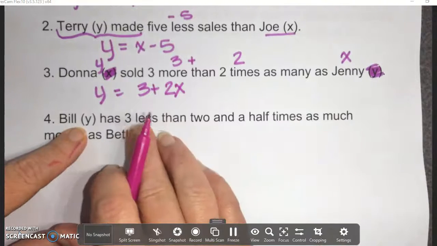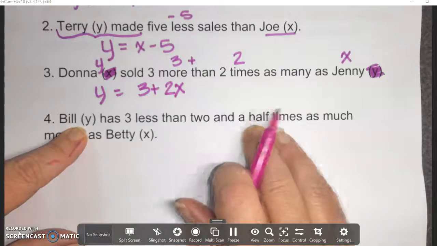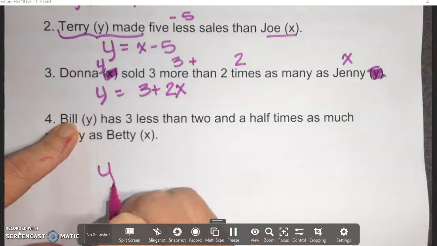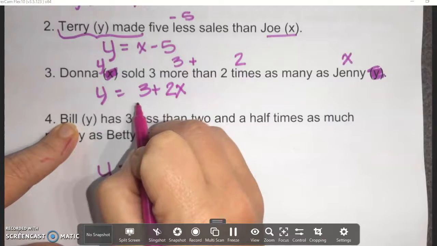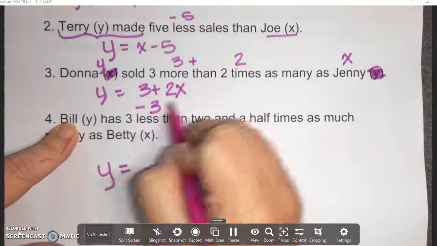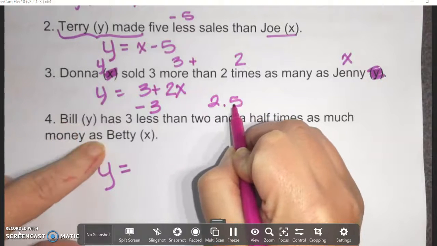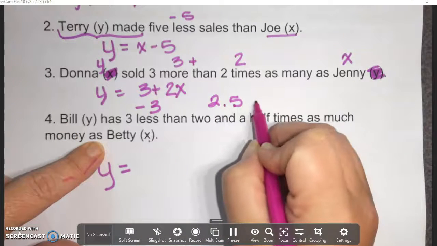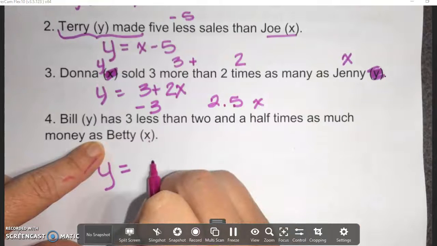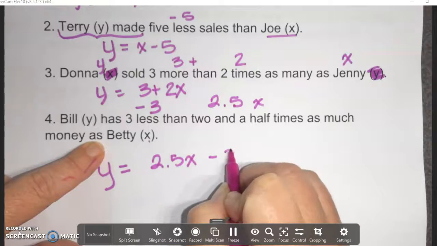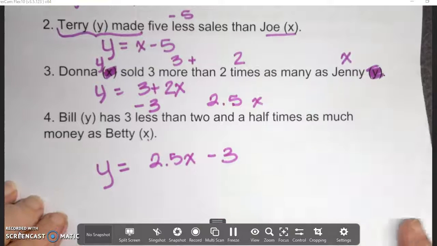Bill has 3 less than 2.5 times as much money as Betty. So Bill has 3 less, minus 3, than 2.5 times as much money as Betty. So I'm going to put the minus 3 on the back end.